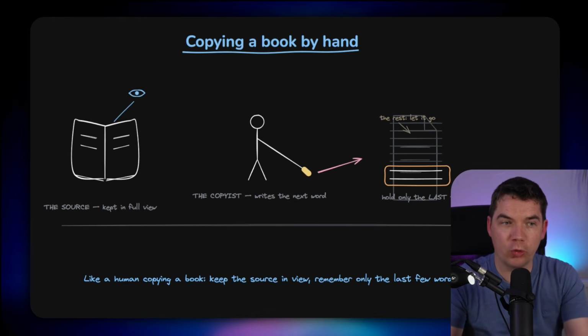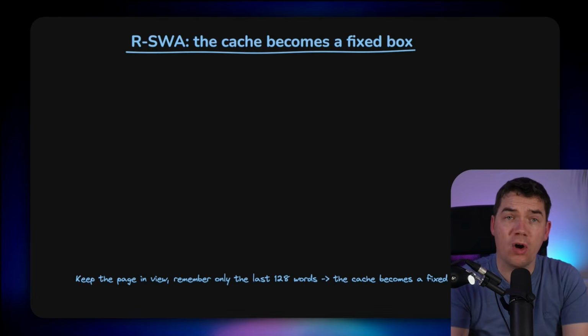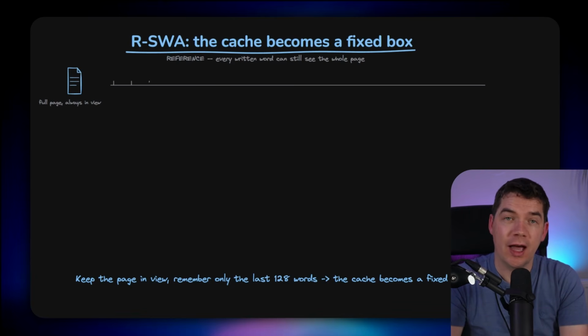Now, this type of approach would not work at all with the typical large language model, because you need to be able to attend to everything in context to create coherent responses. Whereas the job of a VLM is transcription in this case. You only need to focus on the particular section of the input that you're processing. So they call this R-SWA, which is Reference Sliding Window Attention, and it's the one truly novel thing in this paper.